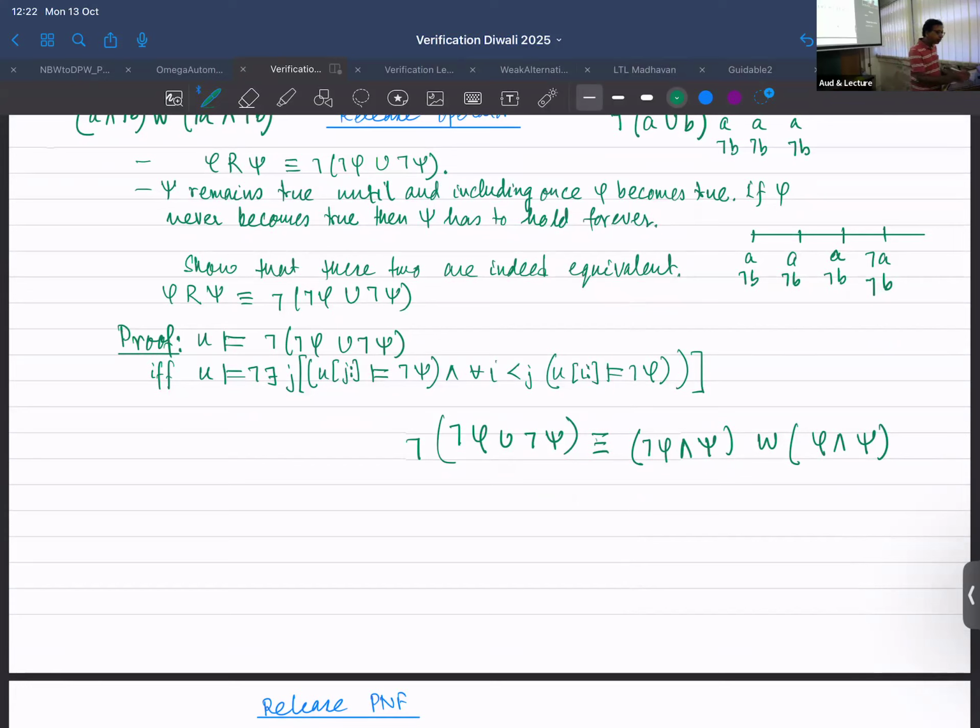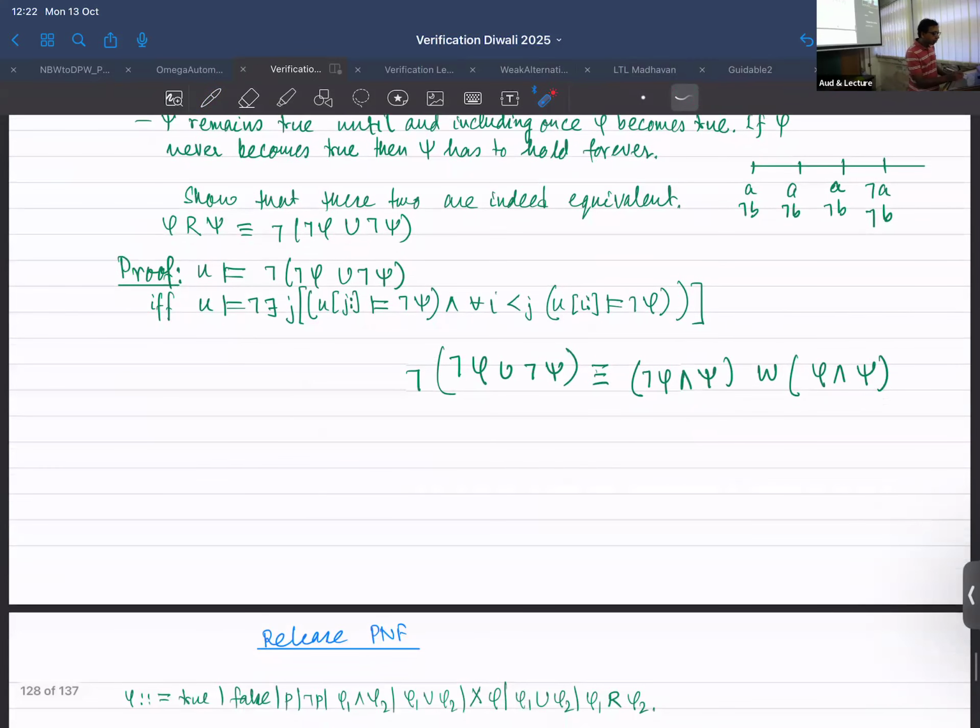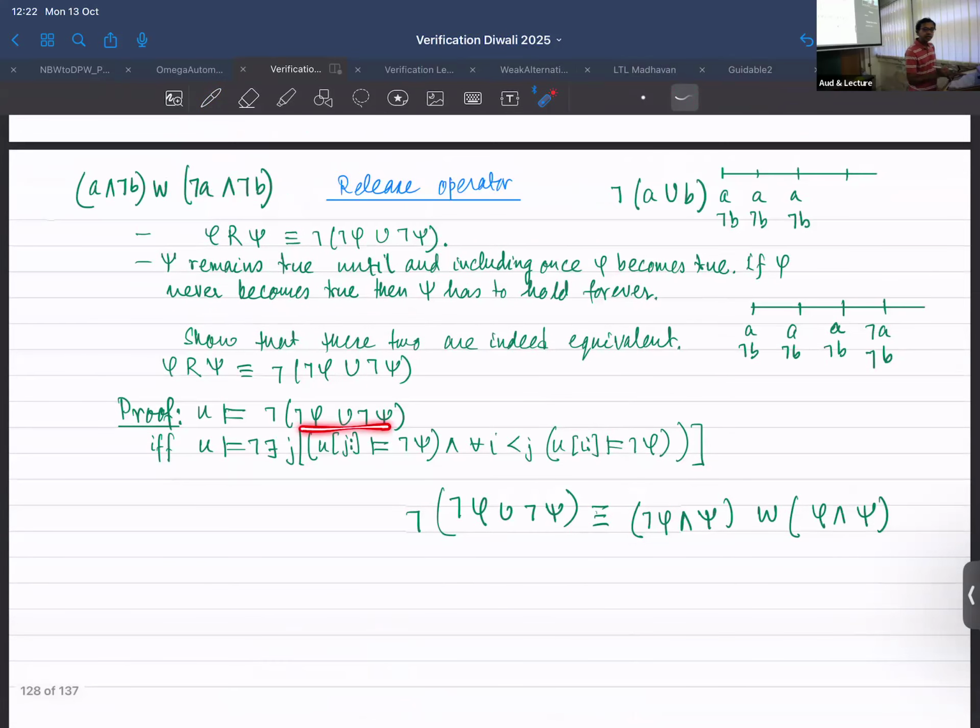I mean, you can also try to see it in this way, which I will maybe skip. If you consider a word which satisfies the negation of not phi until not psi, then if you look at the semantics of the until, what does it mean? It is the negation of this property, not phi until not psi.